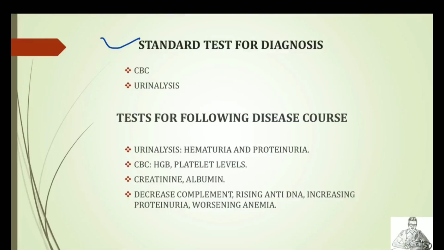So the standard tests for SLE diagnosis are CBC and urine analysis. And to see the progression of disease and success of therapy, we generally perform urine analysis, CBC, creatinine and albumin, and we also check for proteinuria and worsening of anemia.